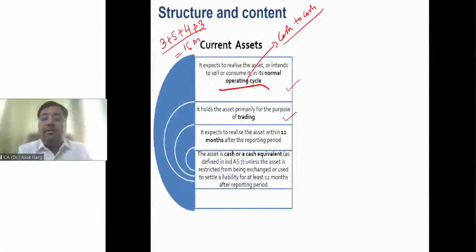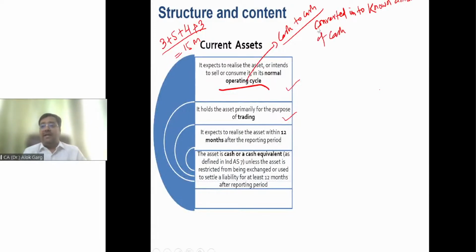Please write down: cash and cash equivalents are those assets which can be converted into a known amount of cash, right?